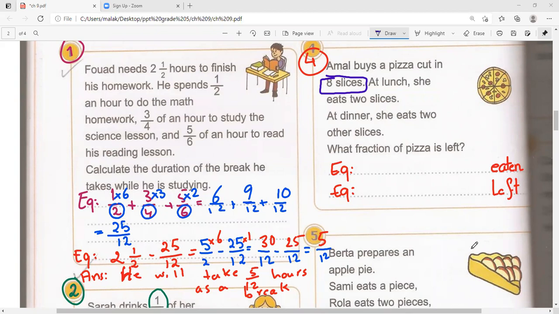Easy, easy, squeezy. Yalla, now correction.